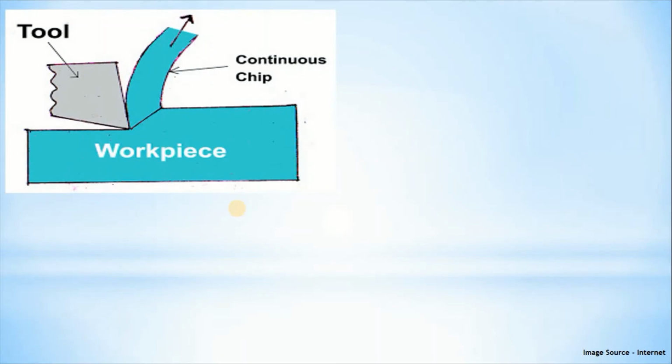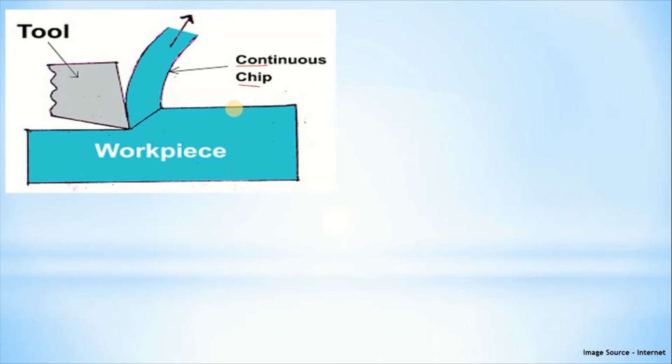Then second, a continuous chip where we are not getting built up edge. So why do we get the built up edge? Whenever we are doing the machining operation, at the rake face the chips are moving. In a continuous chip, the knurling curl will be formed whenever we machine ductile materials.